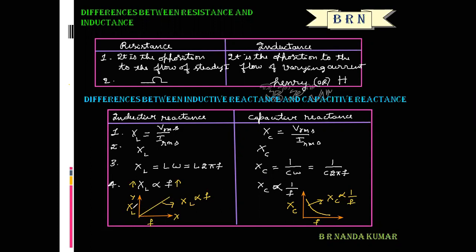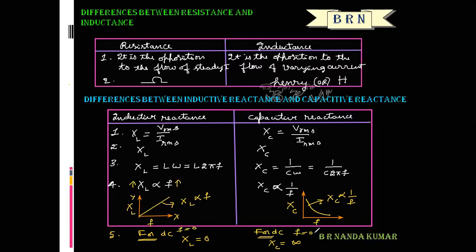Okay, and what is the difference for the flow of DC? For DC, the value of inductive reactance XL is equal to 0. But for the flow of DC, capacitive reactance is equal to infinity, because for DC, frequency is equal to 0.